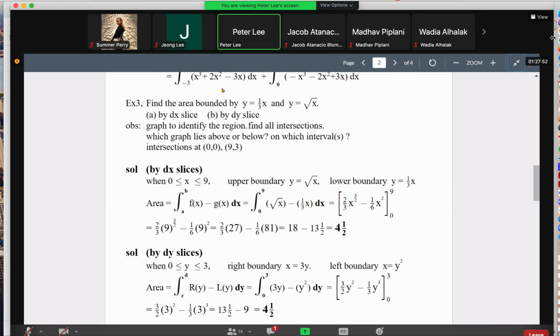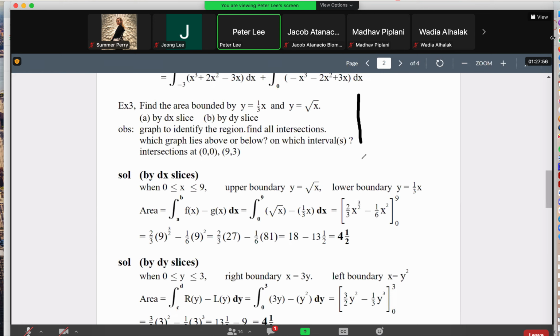So annotate. So here, the region is going to be like this. This is the graph right here. Things are happening in the first quadrant, so I only need to draw the first quadrant. And the graph is this one line. 1/3 x is going to look like this. That's about y equals 1/3 x.